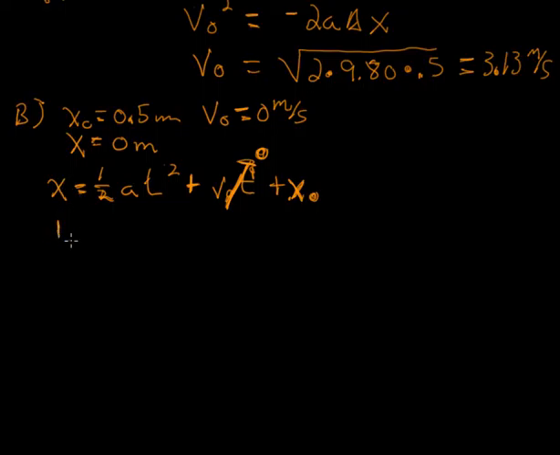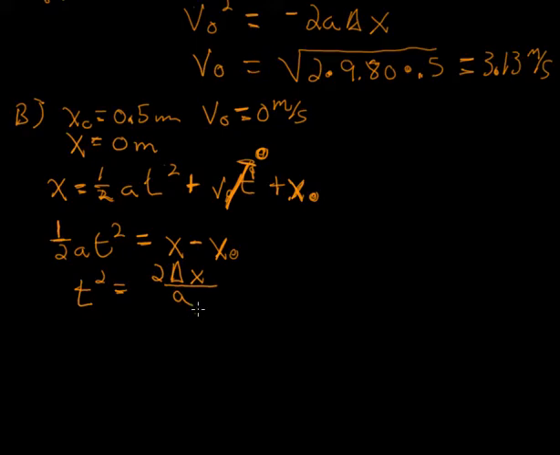So 1/2 a t squared equals x minus x naught, which is our delta x, or 0.5 again. So we're getting it back in terms of the original. So t squared equals 2 delta x over a. T equals the square root of 2 delta x over a.